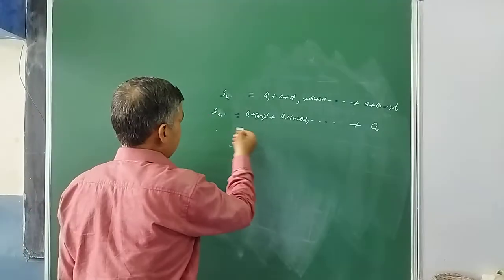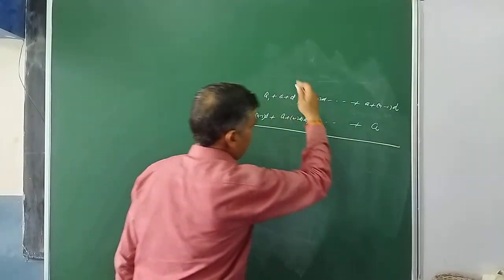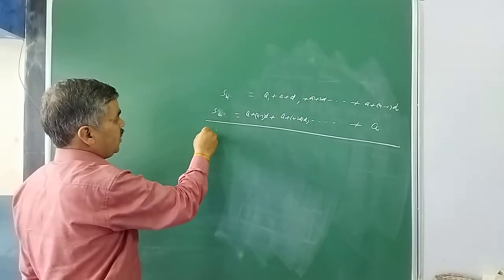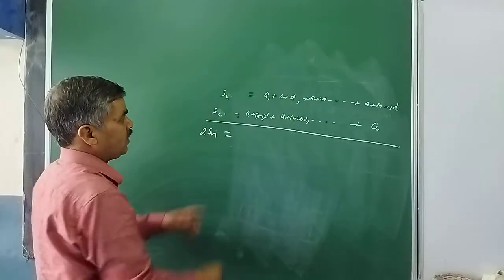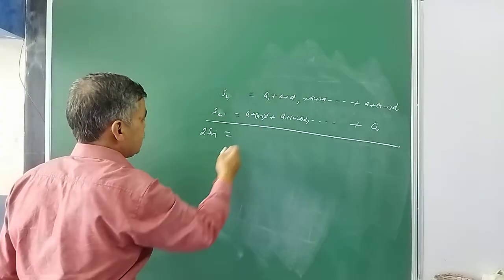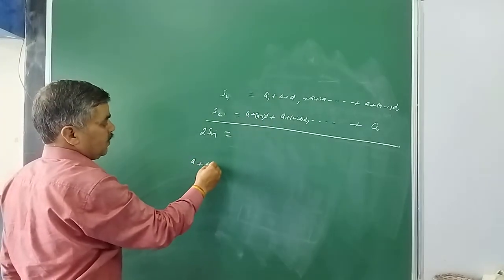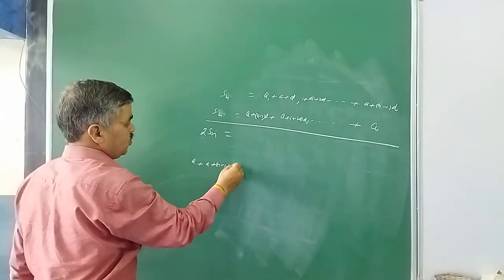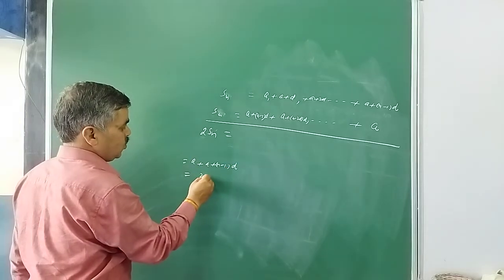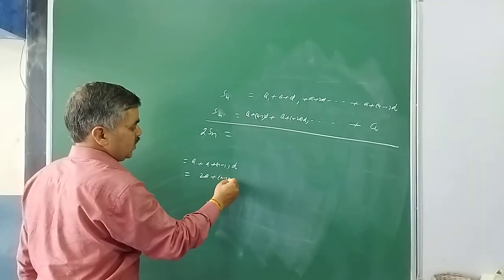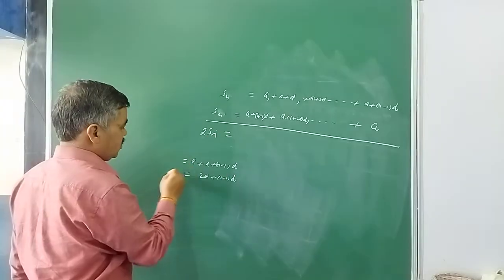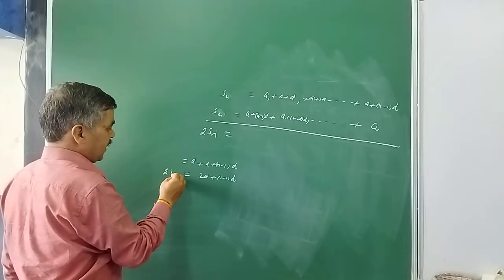Now, as there we added and every sum was equal to 101, here 2 times the sum of n terms, you just add this. a plus (n minus 1) into d will be giving you 2a plus (n minus 1) into d. So this was 2 times Sn.